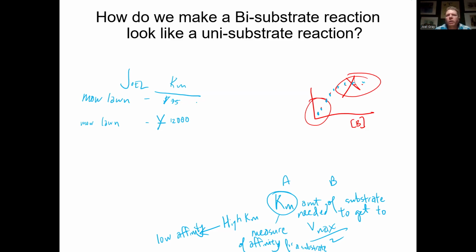But one of these is arguably better and easier for me, and that would be accepting US dollars. Because if I accept 12,000 yen, maybe I got a little bit more money, I don't know, but what do I have to do with that yen? I've got to take it to a bank or to customs or something like that and exchange it for US dollars.